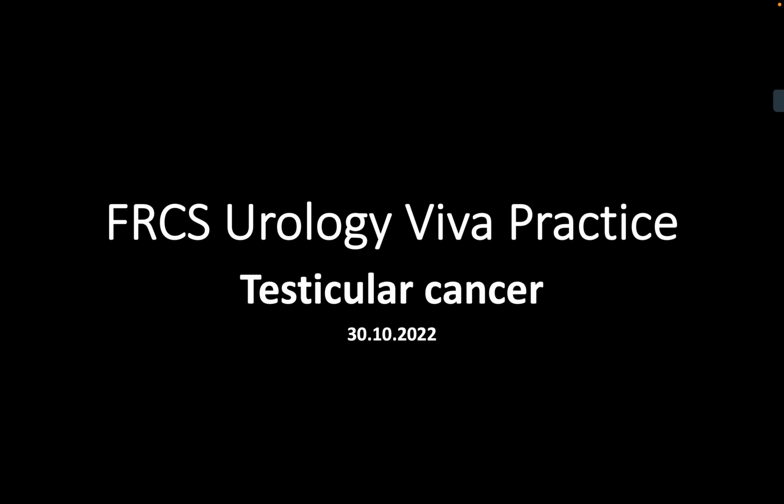Okay, and will it be an open biopsy or a true cut biopsy? I'll do an open biopsy. Excellent. And is there any particular solution that you will send that biopsy in? Yes, testicular biopsies should be sent in Bouin's solution.